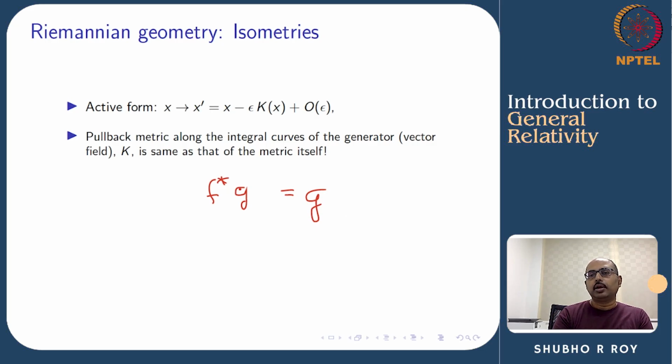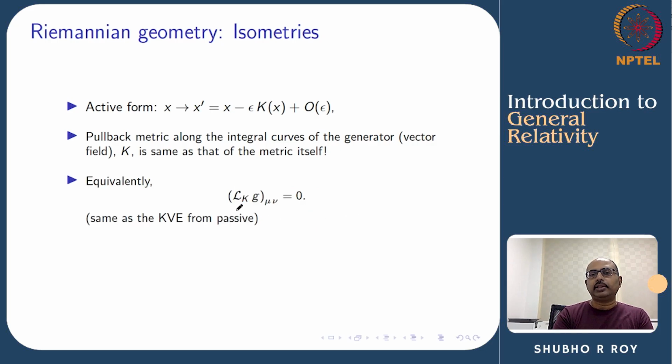That just means that the Lie derivative of the metric with respect to the vector field k must vanish. As we know, if the pullback is equal to the metric itself, the Lie derivative should vanish. So this is the condition.